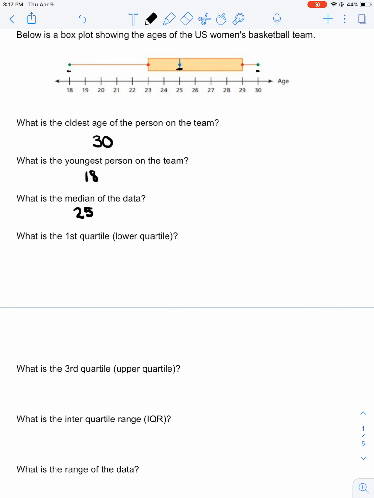Then it says, what is the first quartile, or our lower quartile, which would be this number right here, which is 23. It says, what is the third quartile, or the upper quartile, which is this number right here, which is 29.